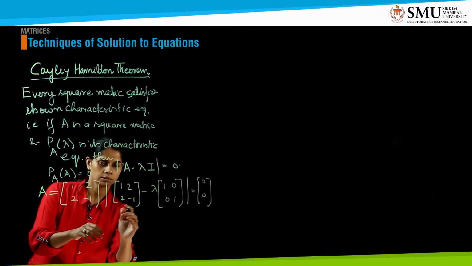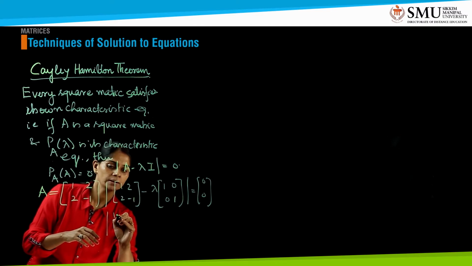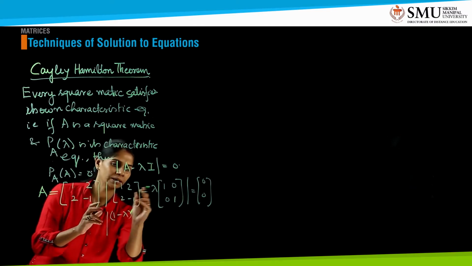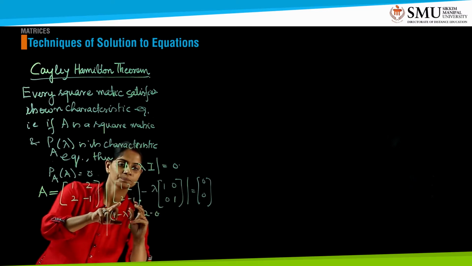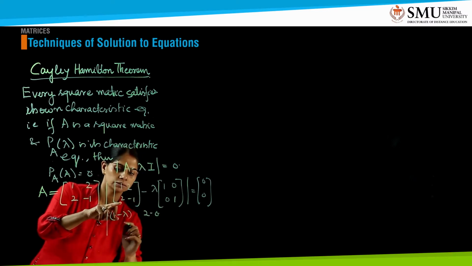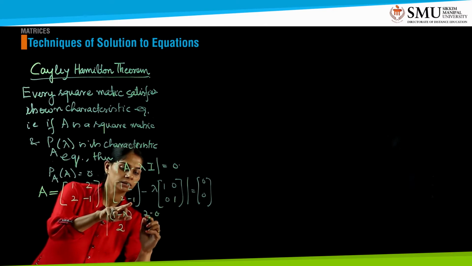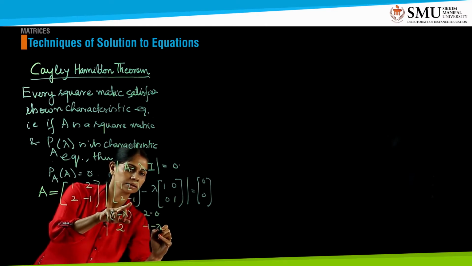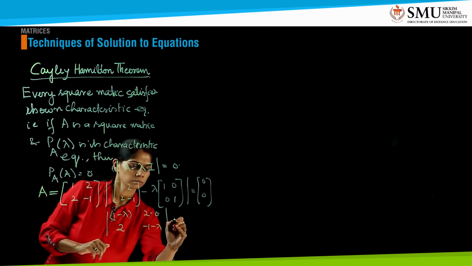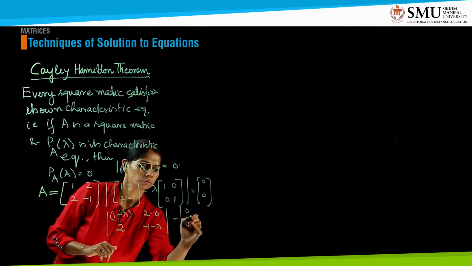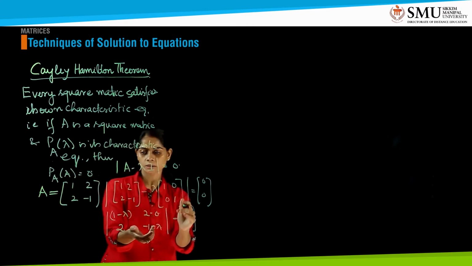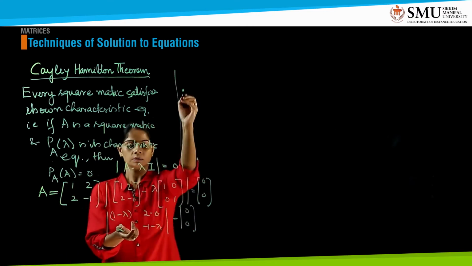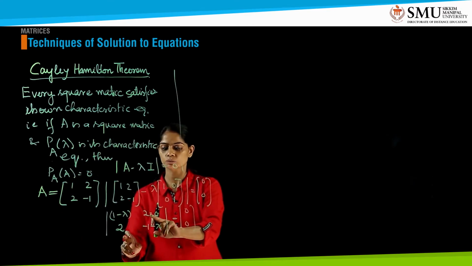So, in this case, what we get is 1 minus lambda, 2, 2, and minus 1 minus lambda, and this is equal to 0. I am making one direct step. If you solve this determinant, this comes out to be this into this minus this into this.